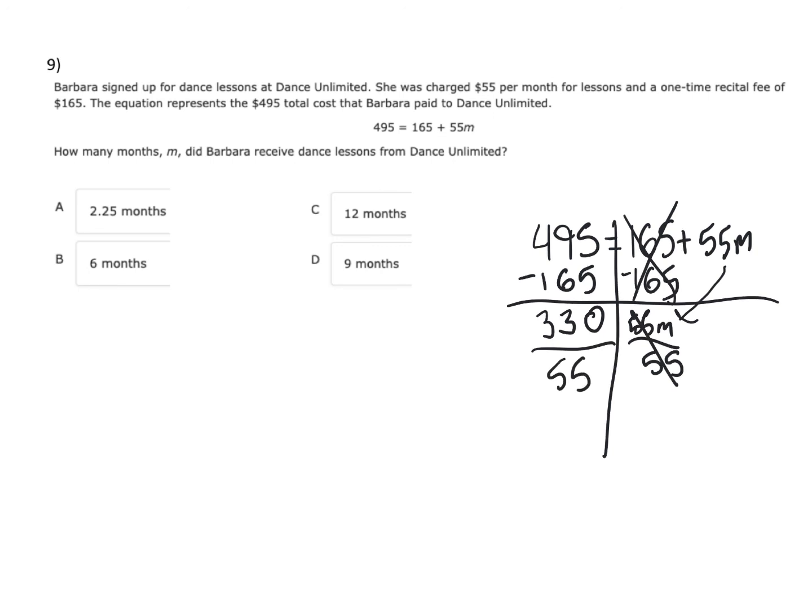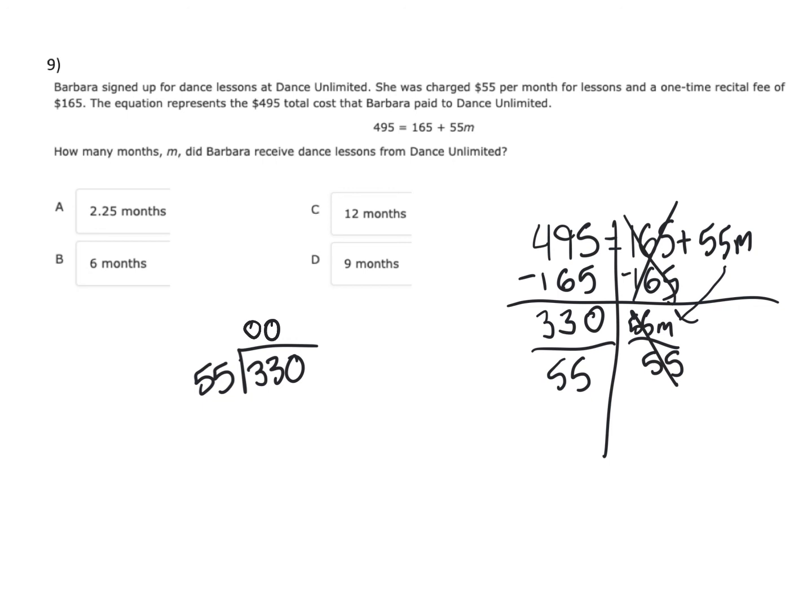So now I need to do my division problem. I'm going to go top in, bottom out. So I need to start dividing. 55 goes into 3 0 times, into 33 0 times. 55 goes into 330. I'm not sure off the top of my head, but I can start making some ideas. If I take away the 5, that would be 50. So instead of 55, I'm thinking of 50.